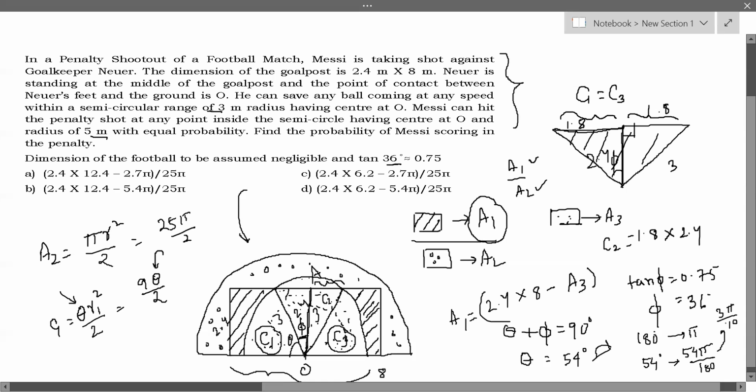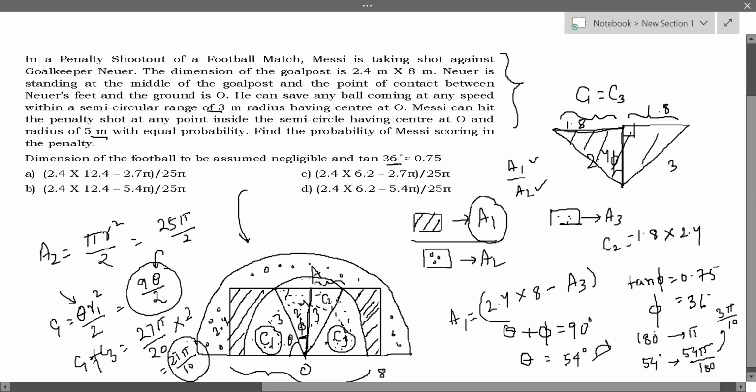Now, if you put the value of theta in this equation, you will get the value of C1 equal to C3 equal to 27 pi by 20. Now, C1 plus C3 will be 27 pi by 20 into 2, which is nothing but 27 pi by 10.